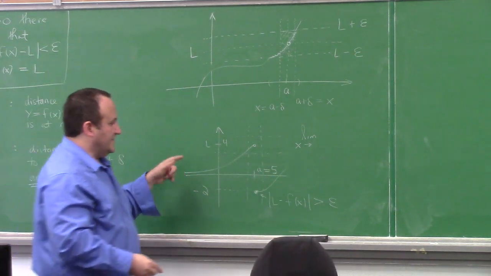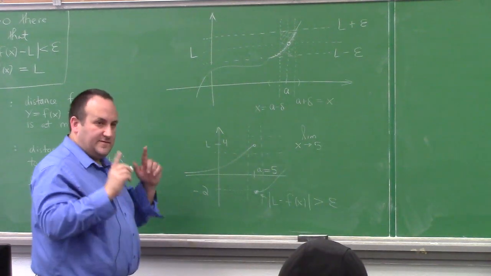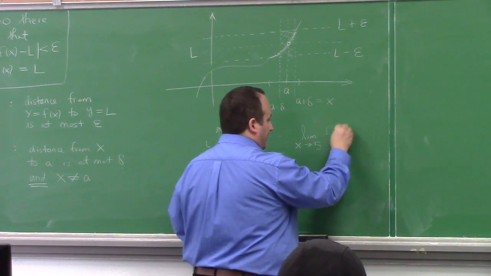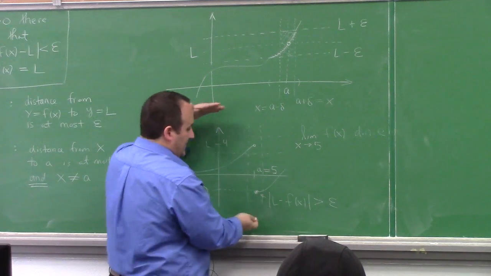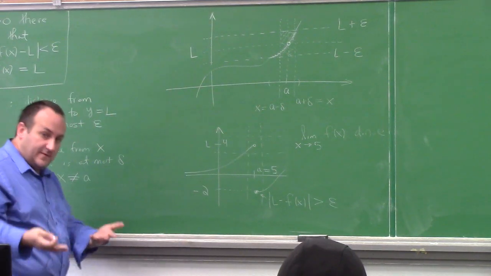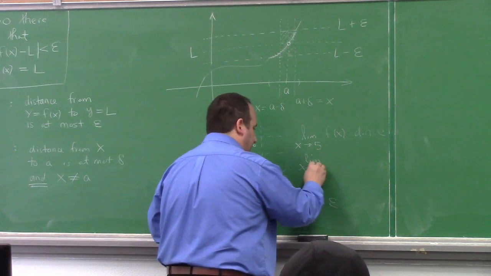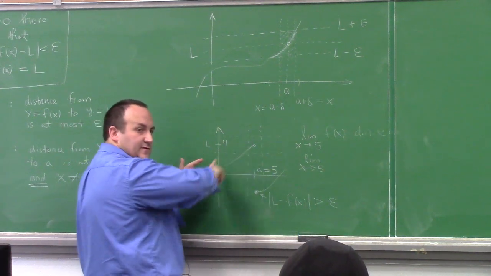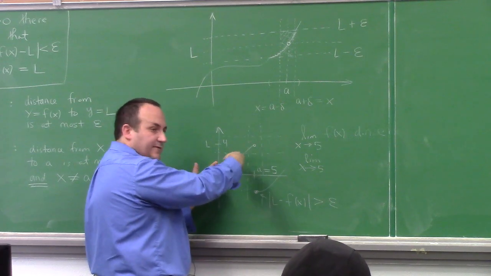So what this says is that the limit as x approaches 5 of f of x does not exist, because we can't satisfy the definition for the double-sided limit. However, what we can say is the limit as x approaches 5, and we need a notation, from this side, from the left. Since the values are more negative than the limit point, we write a little minus up here.